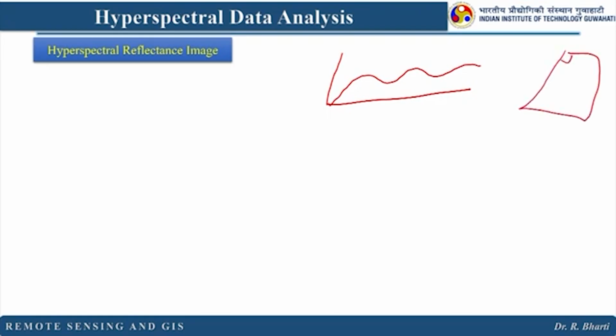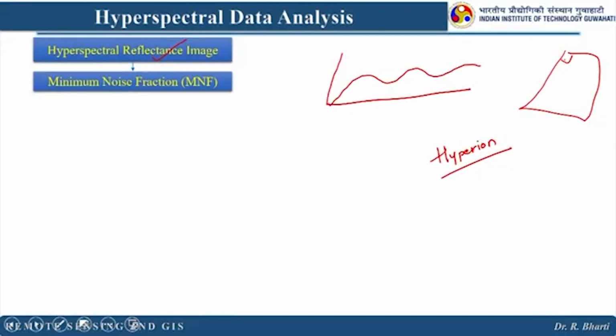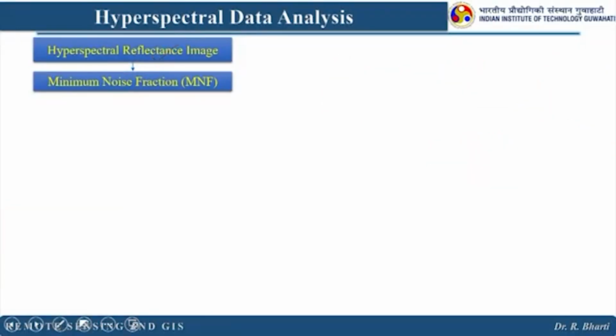Here I am talking about the Hyperion sensor, which is available in space. As of now it is not in working condition, but you can download the archive data and try this processing.